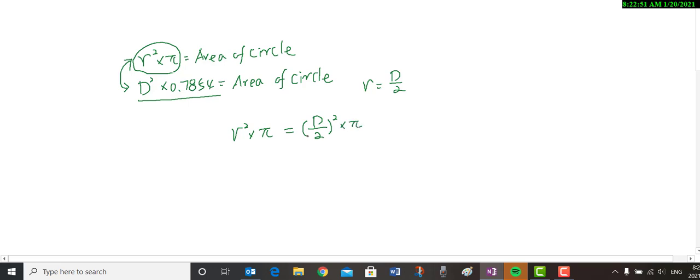Okay, and this bracket, I can open up by applying this square to the numerator and denominator. So it can be written this way: diameter squared over 2 squared times pi. That becomes diameter squared over 4 times pi.